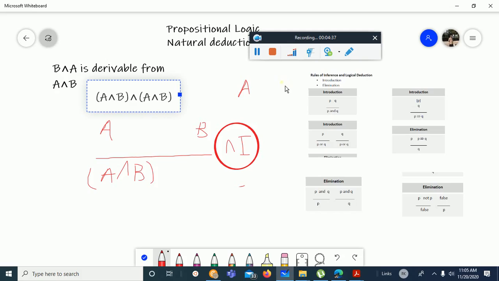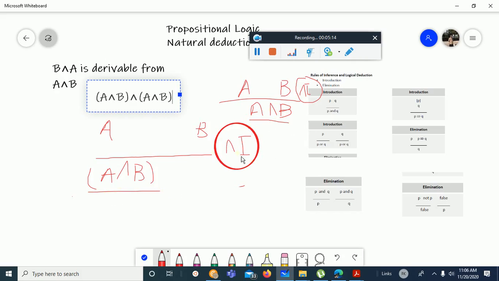Again we can also have A and B. So by again using the introduction rule, we again assume A and B, the same A and B. So we can deduce A and B. Here we used the AND introduction rule. So here we have two statements.